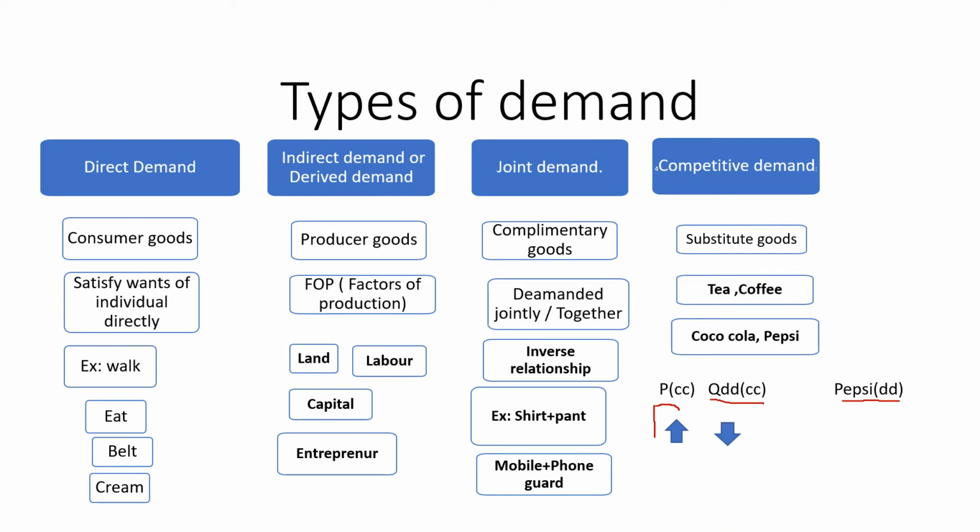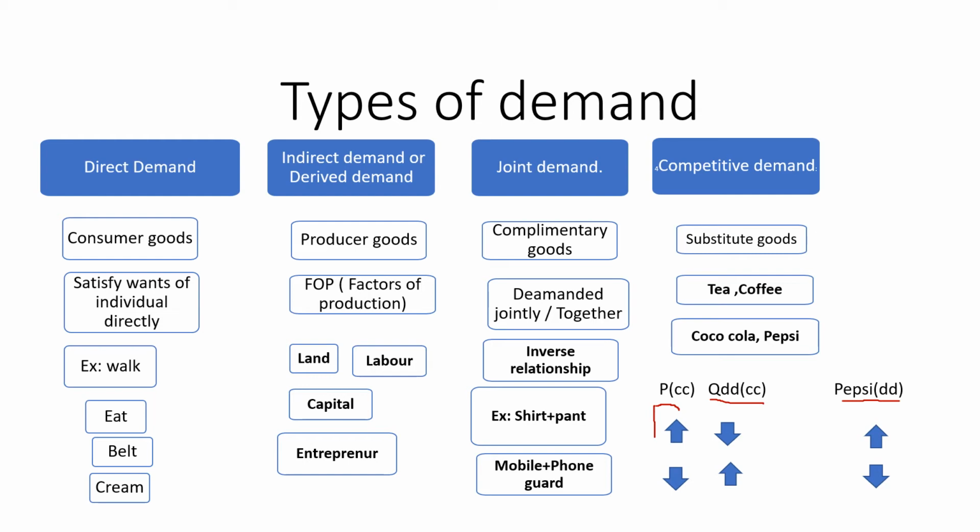Gradually the demand for Coca-Cola will decrease, but here the Pepsi demand will increase. In the same way, when there is a decrease in the price of Coca-Cola, there will be an increase in the quantity demanded for Coca-Cola, and gradually the Pepsi demand will decrease.